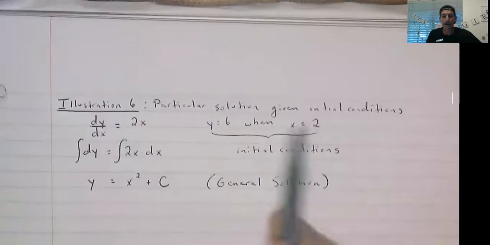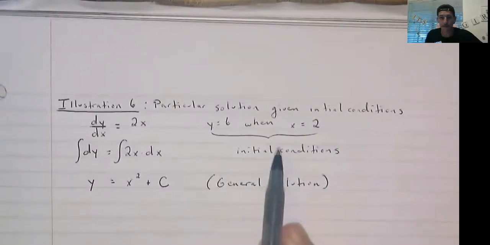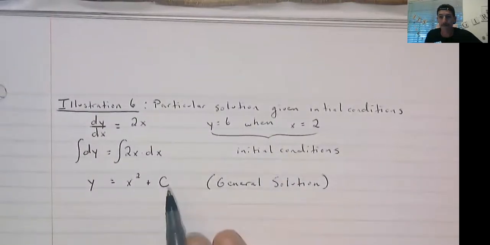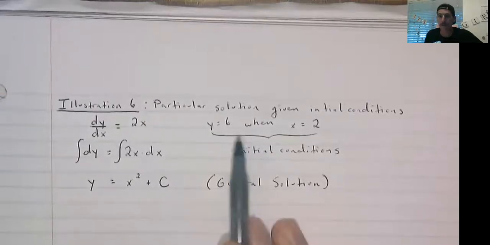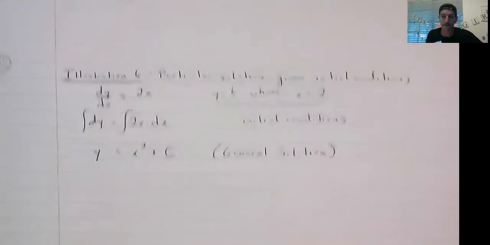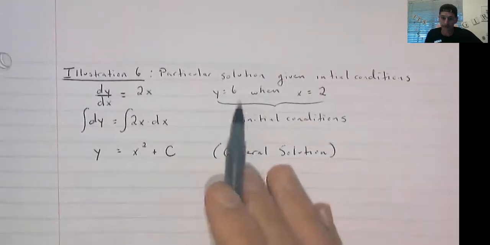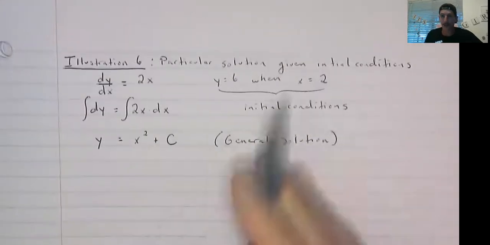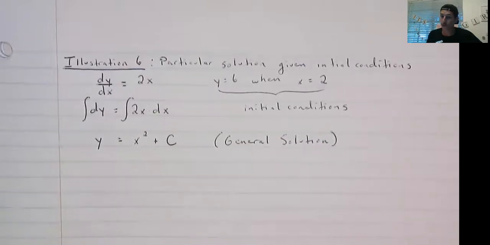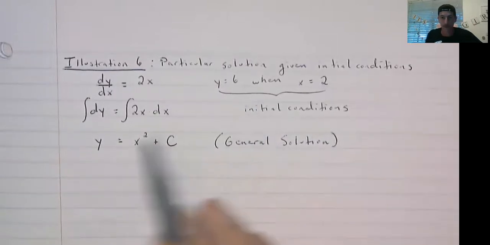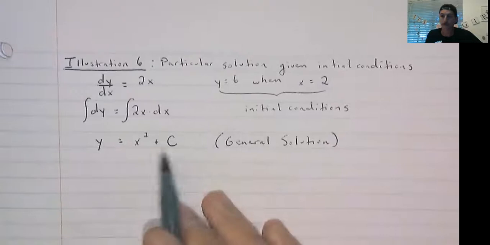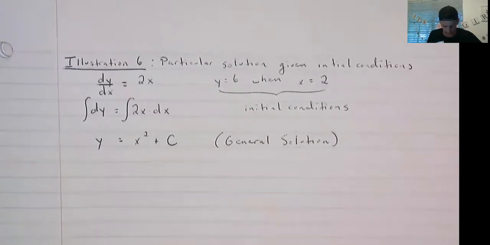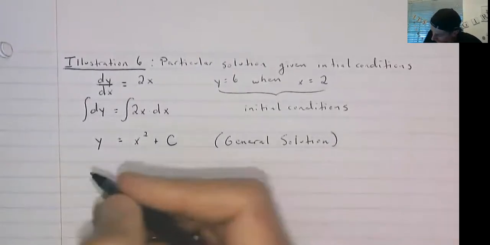But now we are given these initial conditions that will allow us to find the particular value of c in this situation. What we're told is that y is equal to 6 when x is equal to 2. So plugging in 6 for y and 2 for x will allow us to solve for that specific value of c.